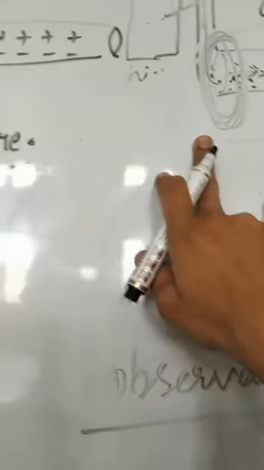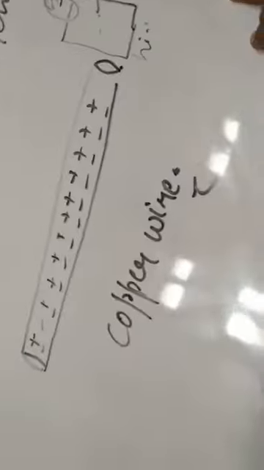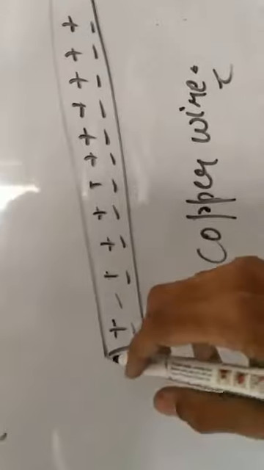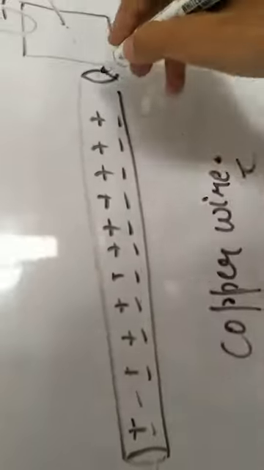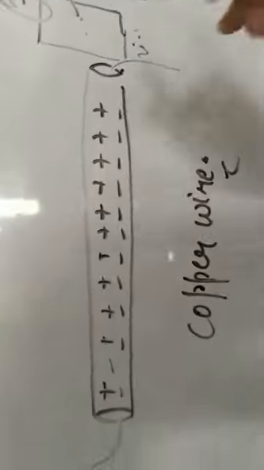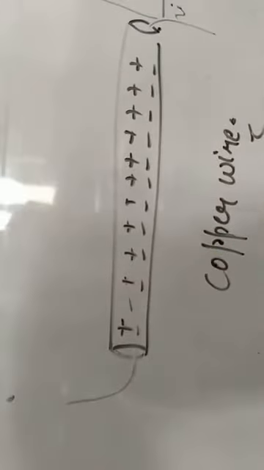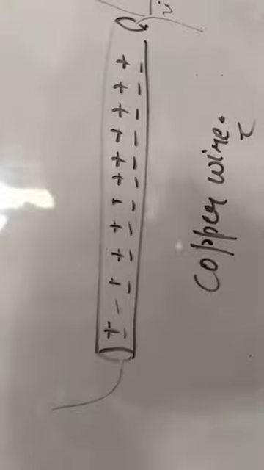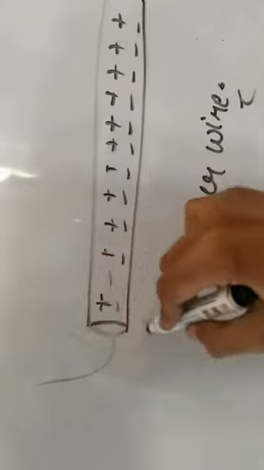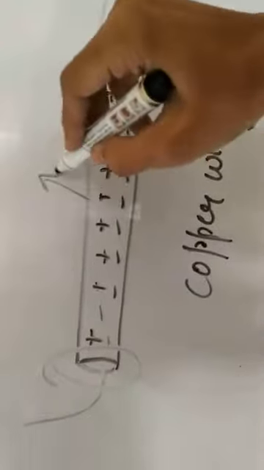Similarly, in this copper wire, if there is a potential difference between the two ends of the wire, then charge will flow.